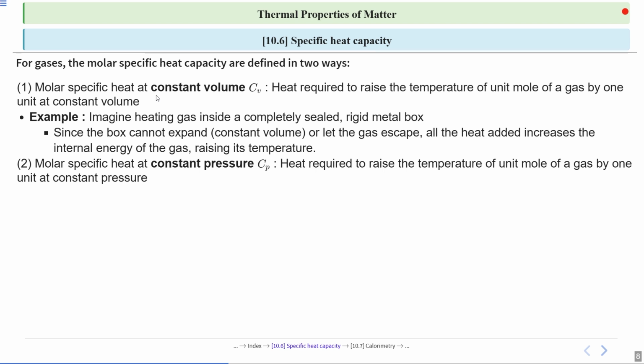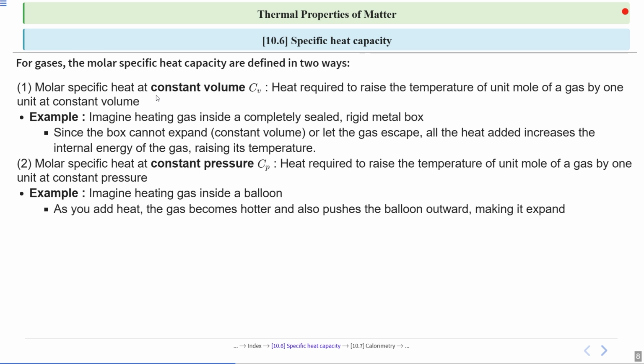Let's understand it in simple words with an example. So imagine heating gas inside a balloon. As you add heat inside a balloon, what happens? The gas becomes hotter. Yes or no? And it also pushes the balloon outward.